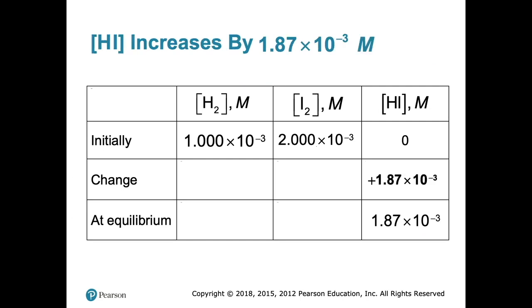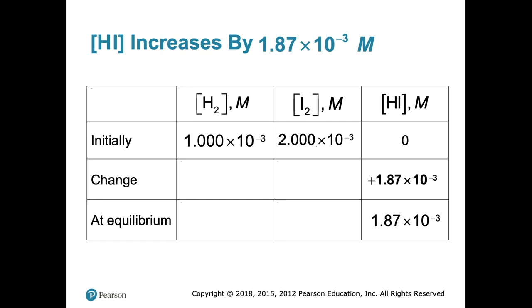The next thing you can do is start filling in the rest. So what do we put in change? Well, we know that we began with 0 molar hydrogen iodide gas, and at equilibrium it was 1.87 times 10 to the negative 3. So the change from 0 to this is that same number.